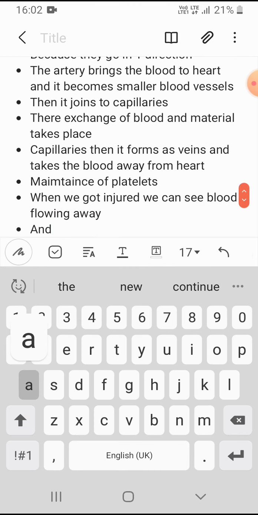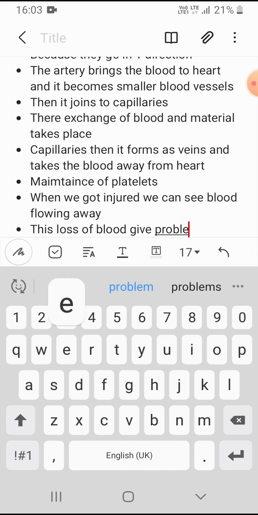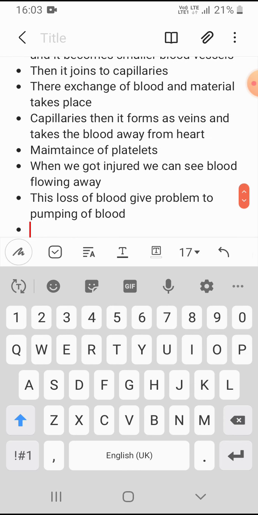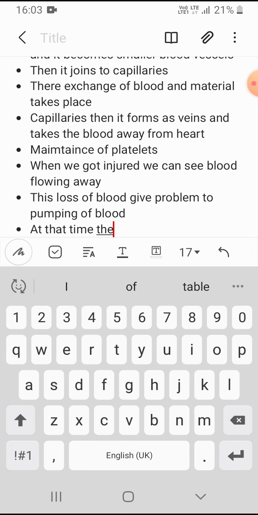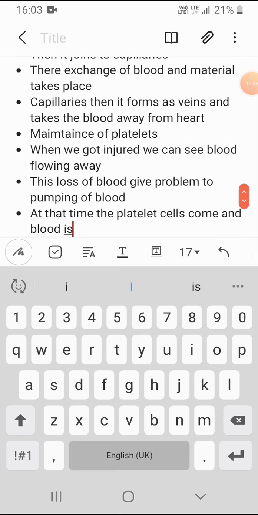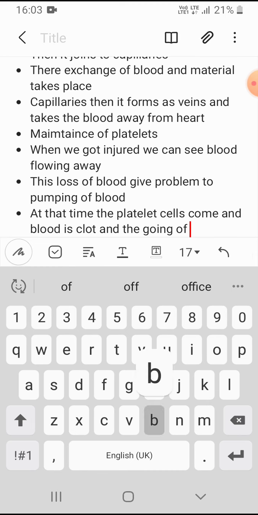This loss of blood gives a problem to the pumping of blood in the heart. So at that time the platelet cells come, and the blood clots, and the flow of blood is stopped.